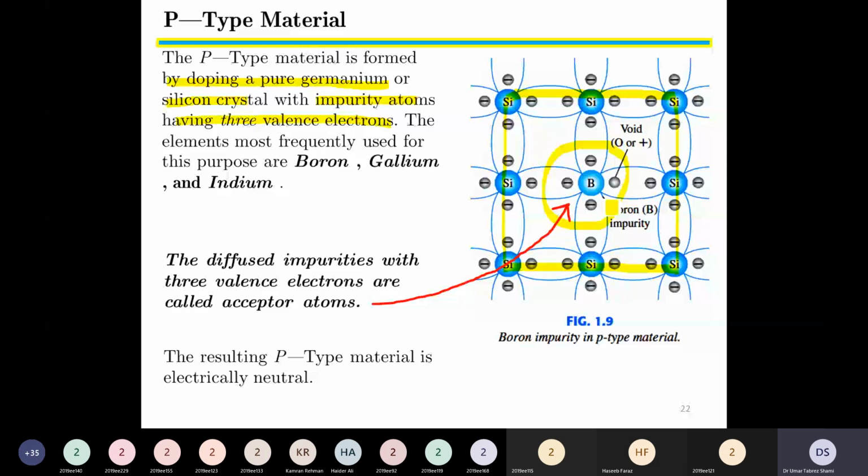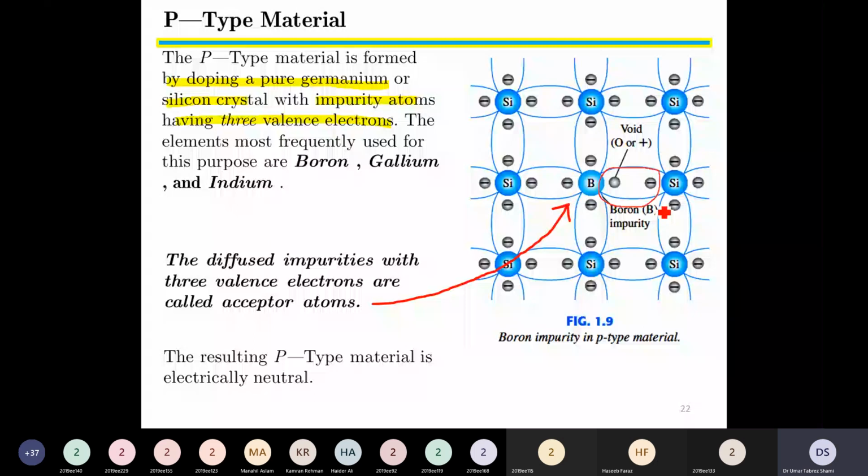However, there is one vacancy of electron, and this vacancy is here due to the absence of the 4th electron. This place creates a vacancy, and one electron can come and reside over here.